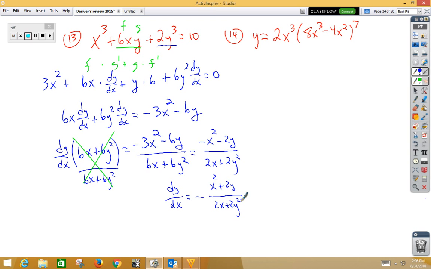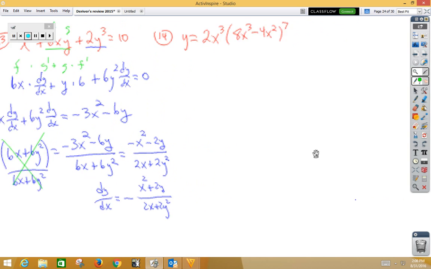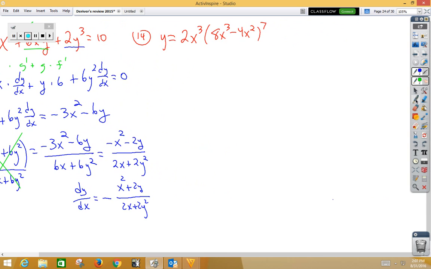In problem 14, we have a product rule with a chain rule. So be very careful with that product rule. Once again, this is f, this is g.